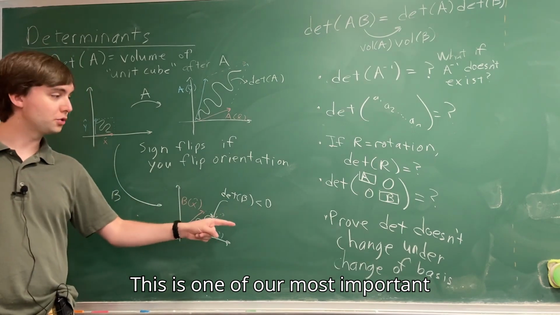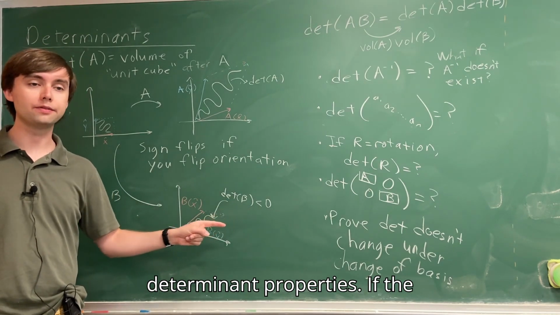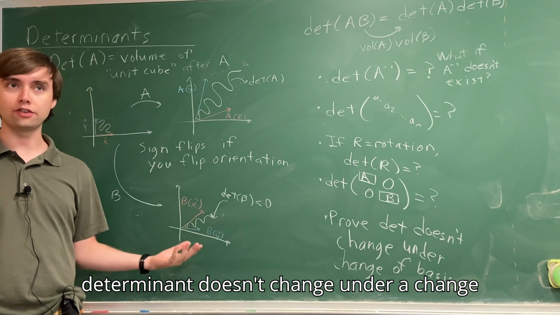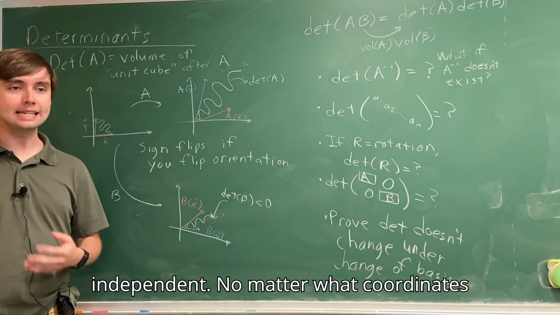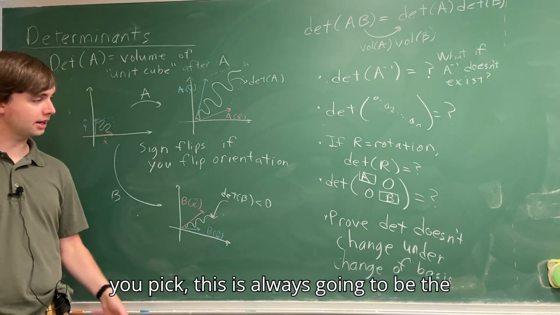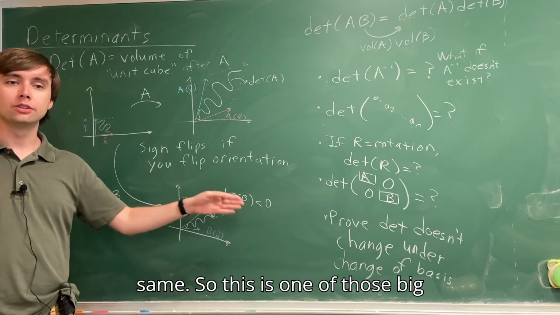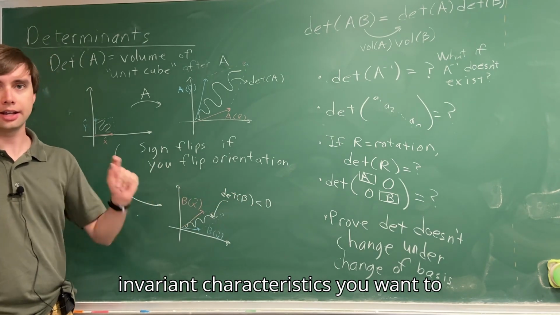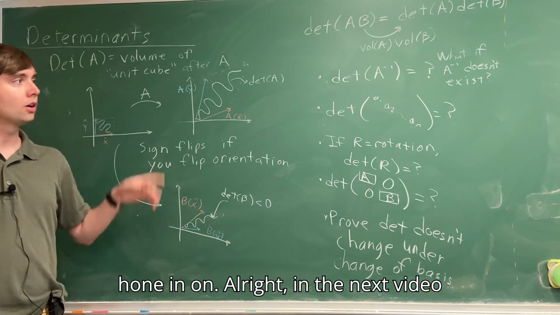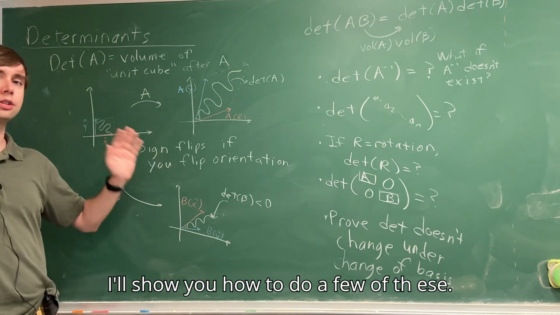This is one of our most important determinant properties. If the determinant doesn't change under a change of basis, then it's coordinate independent. No matter what coordinates you pick, this is always going to be the same. So this is one of those big invariant characteristics you want to hone in on. All right, in the next video, I'll show you how to do a few of these.